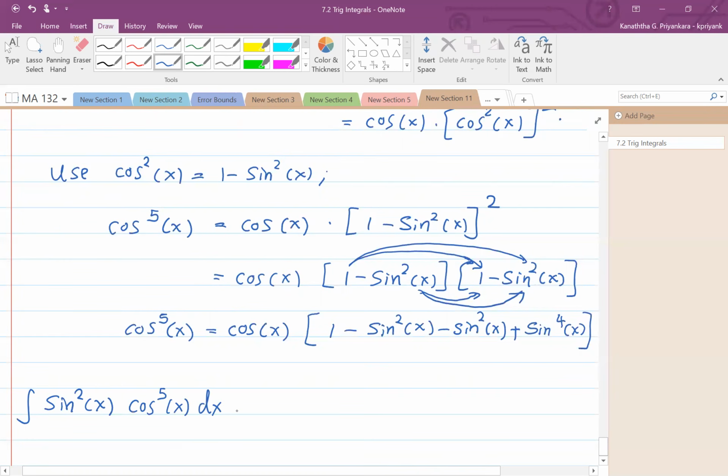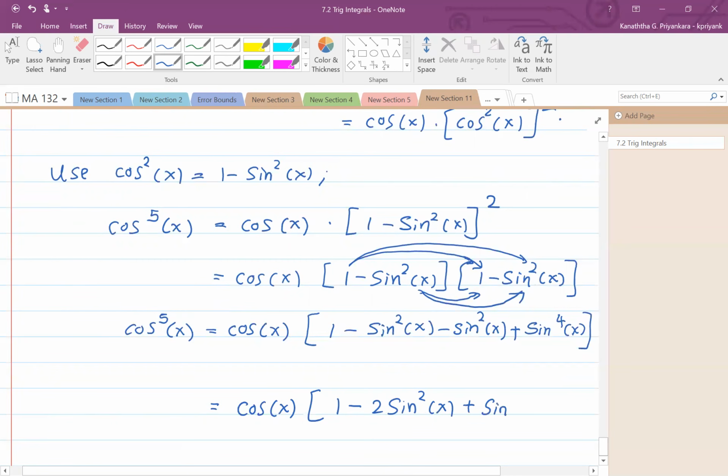So I can write this as, so before that, we can simplify this further. So we have cosine x times 1 minus, so if we add these two, you can write 2 sine squared x plus sine to the power 4x.